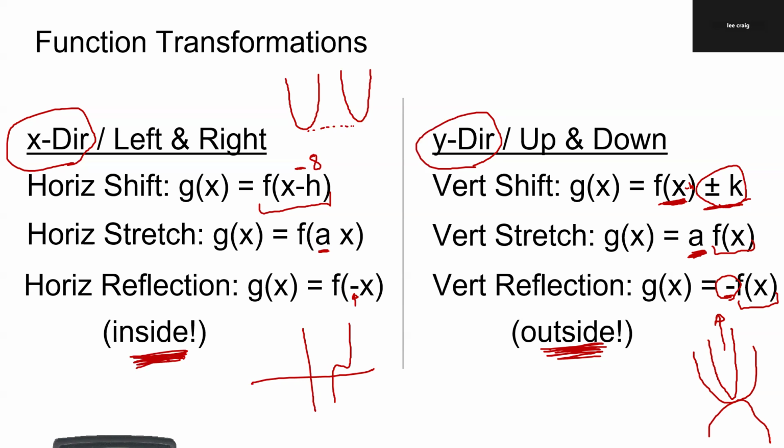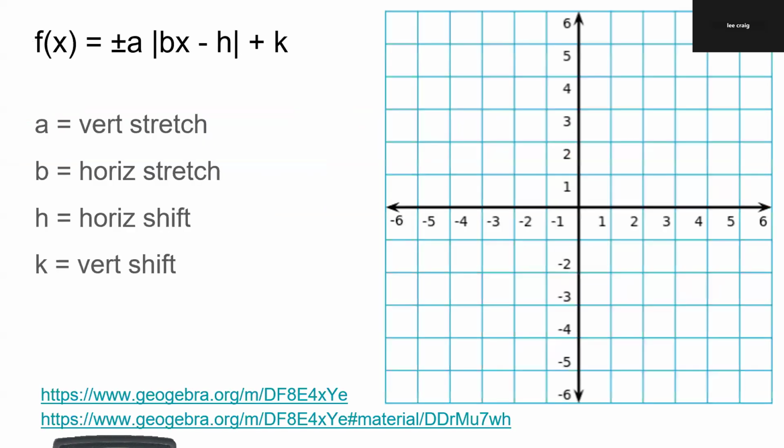Let's try some of that with the absolute value function here. Here is the general form of the absolute value function. You can see the absolute value bars there, so you know that's what you're dealing with. And you can see that we have modified it, or there are some possibilities to modify that thing here. That K on the end is going to shift the whole thing up and down.